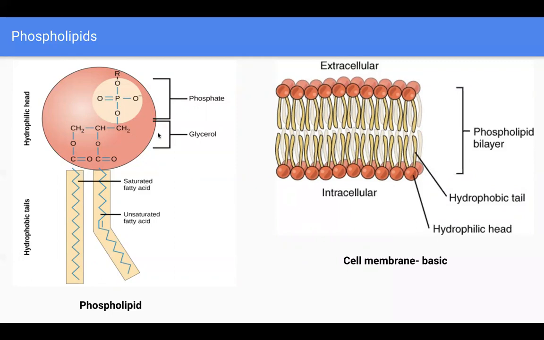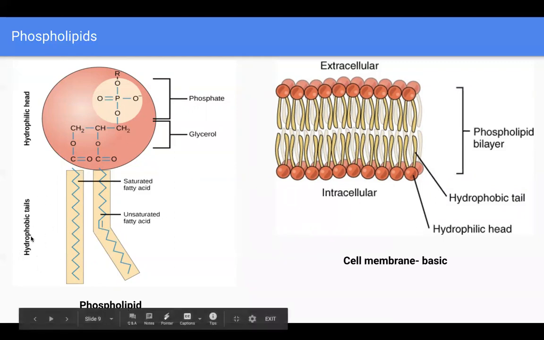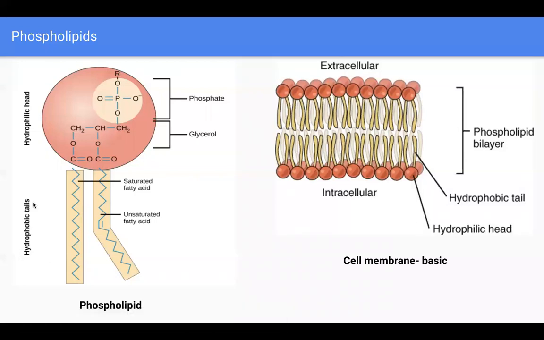This phosphate group allows for the fat molecule to be hydrophilic, or water-loving. The fatty acid tails are hydrophobic, or in other words, they don't like water. Whereas the hydrophilic head, which has the phosphate group, means that the fats are okay mixing with water. They're water loving.